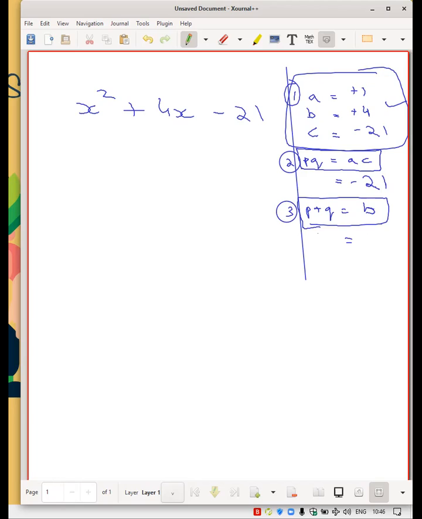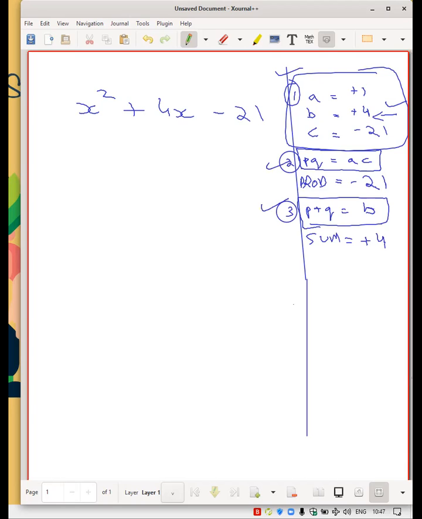Tell me, just B. What's the value of B, Siddhant and Krishna? Plus 4. Okay. Is this part clear? All three steps?